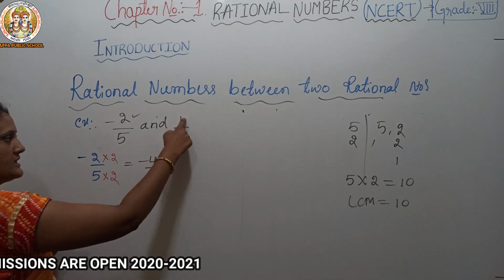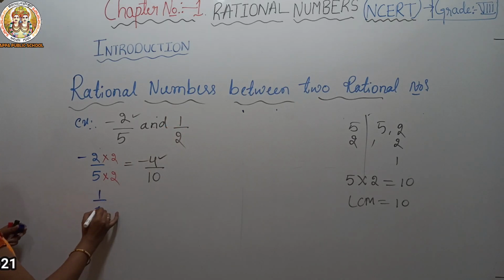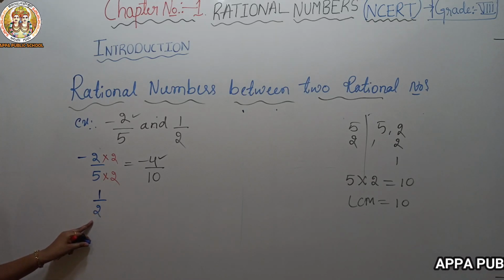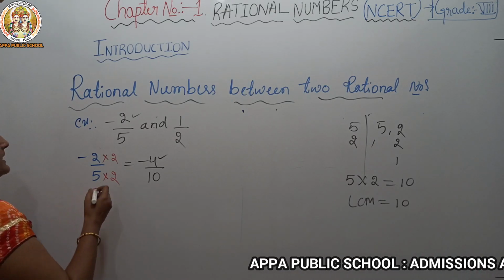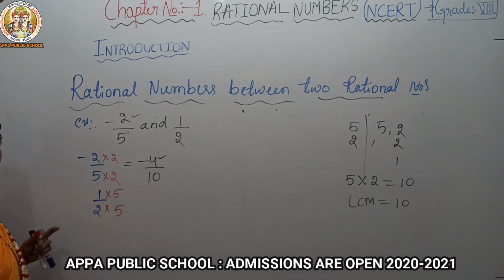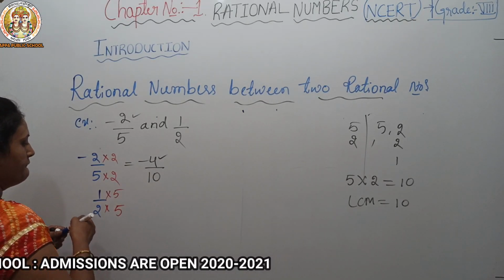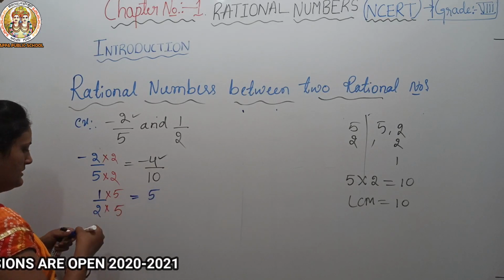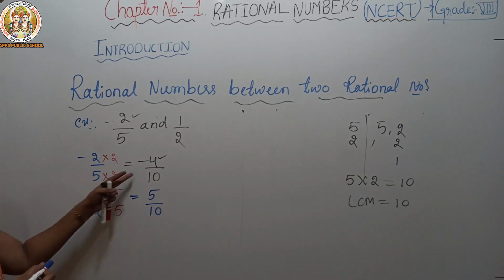In a similar way, now take 1 by 2. By what do we multiply 2 to get 10? That is 5. So that 5 we multiply in the numerator also, and in the denominator also. So 5 ones are 5, 5 twos are 10. You can see here both denominators are 10.